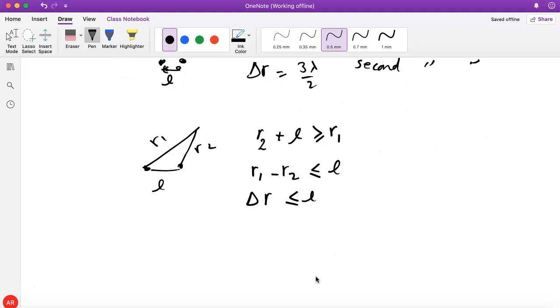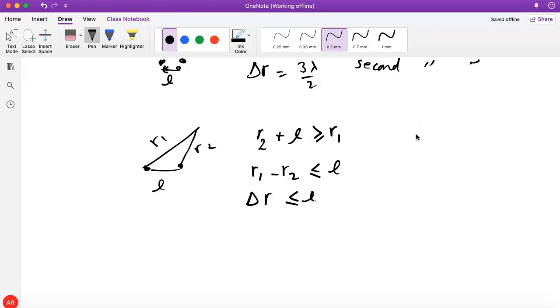So basically, we can this way predict how many nodal lines you get. The allowed values of delta R, which give us a nodal line, are these odd integer multiples of lambda over 2.